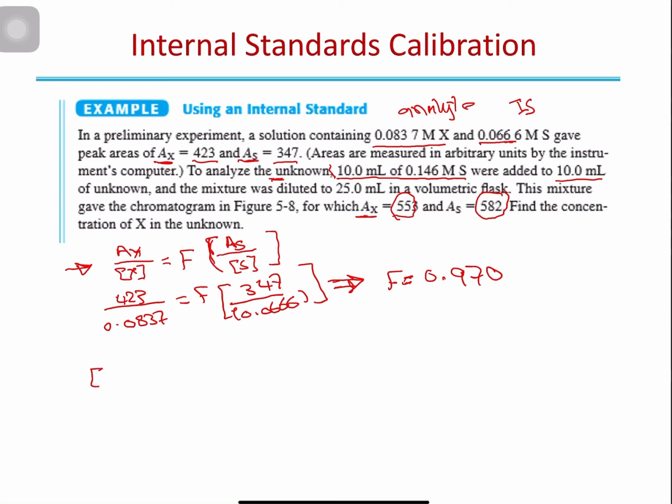So it's the initial concentration, which is 0.146 molar, times the dilution factor, which is 10 over 25, because we diluted it to 25 ml. And the final concentration of the standard now is 0.0584 molar. So this is the concentration of our standard.